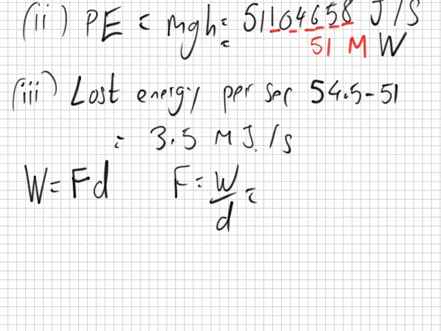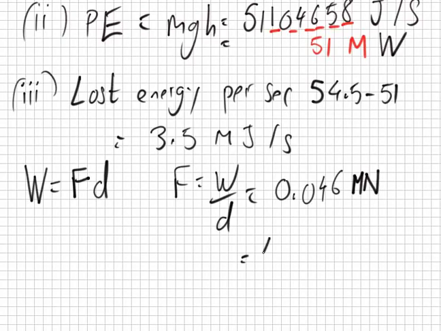Anyways, it's 3.5 megajoules in a second divided by the distance, which is 75, so that is 0.046 newtons of friction. Sorry, meganewtons, because I forgot we're in megas here.